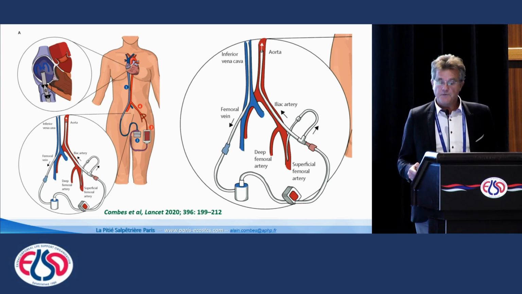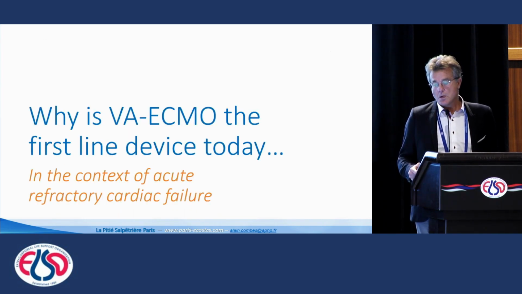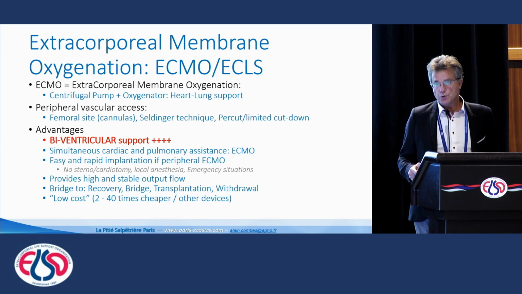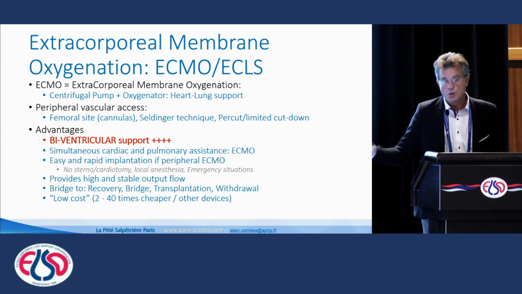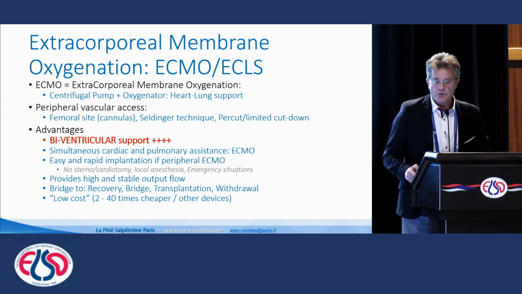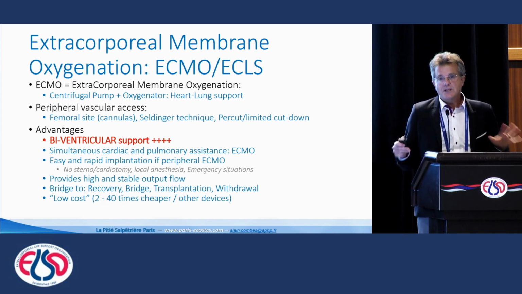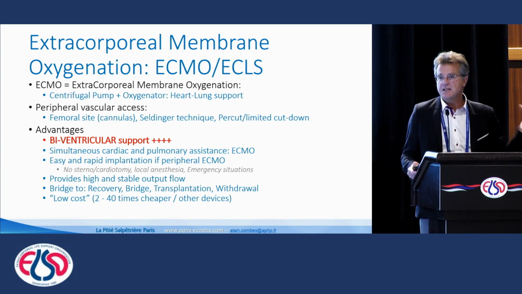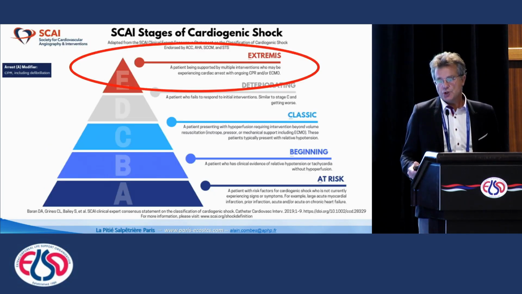Then we have VA ECMO, which may also be used first line in patients with cardiogenic shock, whether it is limited to the left ventricle, but also for those patients who have biventricular failure. The latest algorithm clearly advocates for the use of ECMO for SCAI E patients.